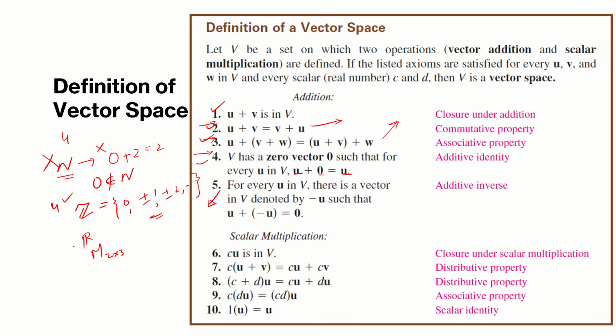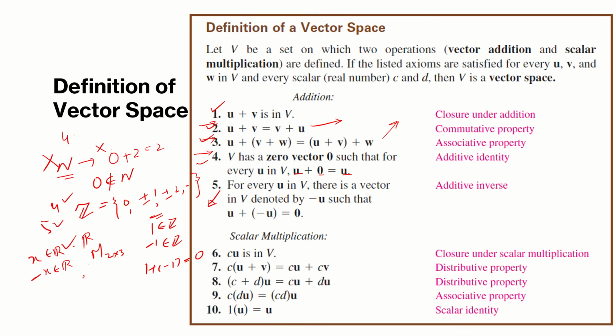In integers, the condition is satisfied because if 1 is an integer, minus 1 is also an integer, and 1 plus minus 1 always gives you the identity element 0. If 2 is an integer, minus 2 will also be an integer. If 3 is an integer, minus 3 will also be an integer, and so on. So it means condition number 5 is satisfied in the set of integers as well. It is also satisfied in real numbers, because if x is a real number, minus x is also a real number.